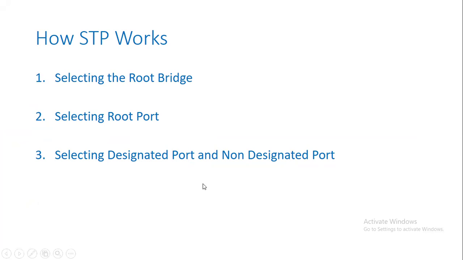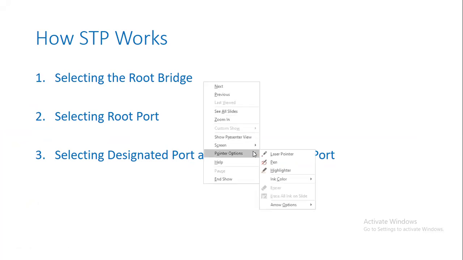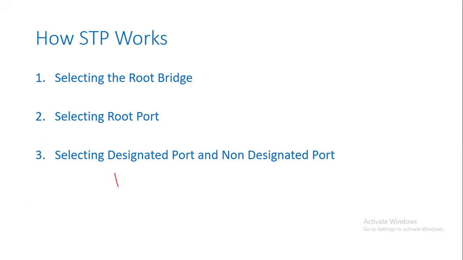The designated port means the forwarding port, and non-designated means the port that will be blocked. These things come under STP. It totally depends on the election of the root bridge, root port, and designated port, which is nothing but the forwarding port, and which port will be the non-designated port, meaning it is in blocking or backup state.